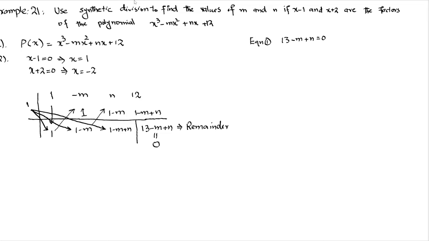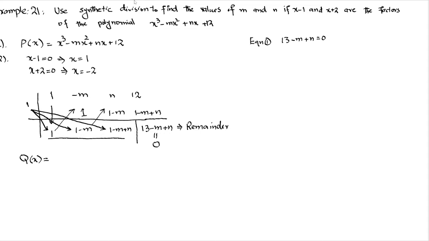Now we have divided the polynomial by a factor having power of x equal to 1, so the quotient, which is represented by q of x, will have a power less than the given polynomial by 1, as the power of this factor is x raised to the power 1.